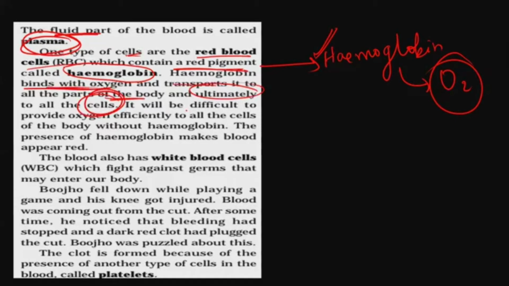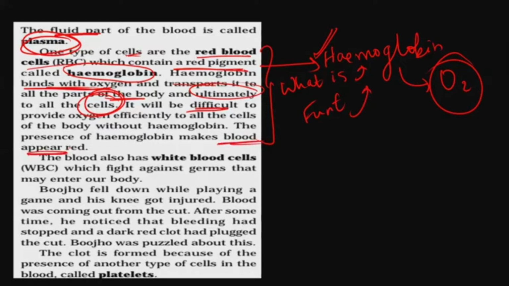So it will be difficult to provide oxygen efficiently to all cells of the body without hemoglobin. This is another question that can be asked. You may be asked, what is hemoglobin? What is hemoglobin? And the functions of hemoglobin. Or you can also be asked, what would happen if we didn't have hemoglobin in our blood? And yes, the presence of hemoglobin makes blood appear red.